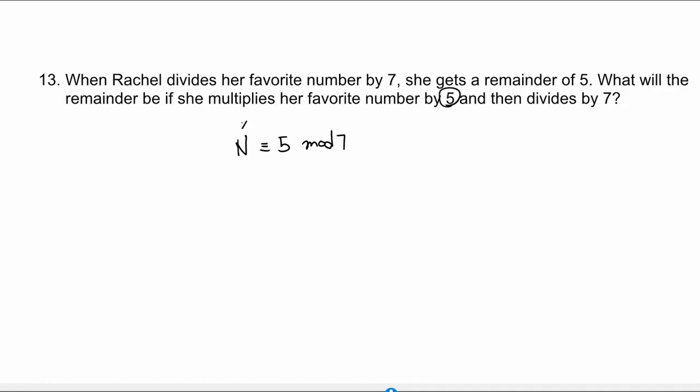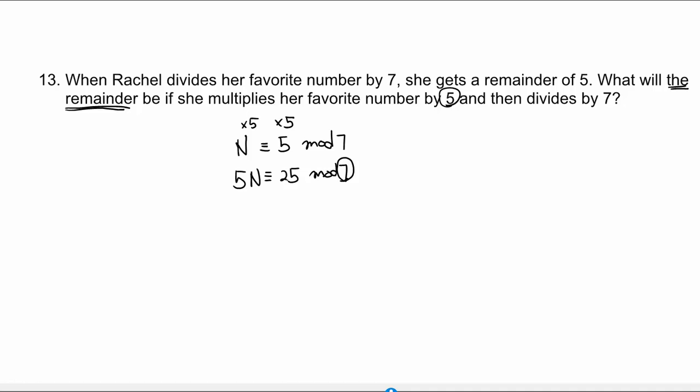That's fine. So 5 times n, 25 mod 7. So we are going to find the remainder. We know the remainder should be less than 7.